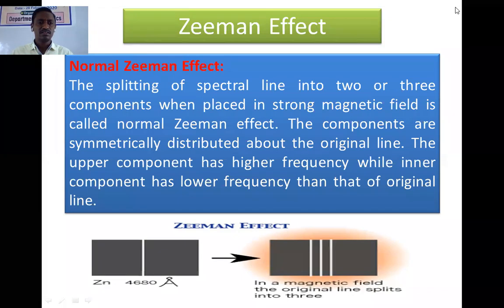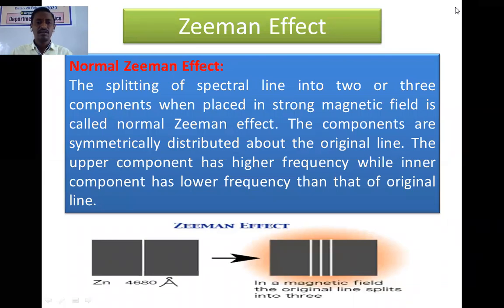Depending upon the direction of observation and the applied magnetic field, the Zeeman effect basically has two types: the normal Zeeman effect, and the anomalous Zeeman effect.